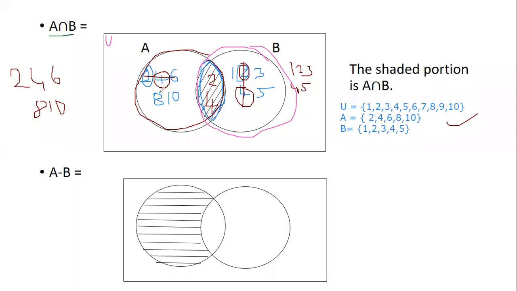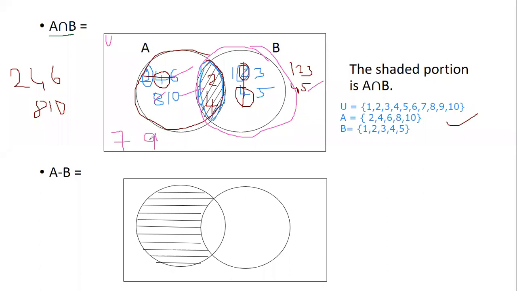Okay. Now, apart from 1, 2, 3, 4, 5, 6 is covered, 8 is covered, 10 is covered. There are two more numbers which are remaining. Now, which are those two more numbers? 7 and 9.